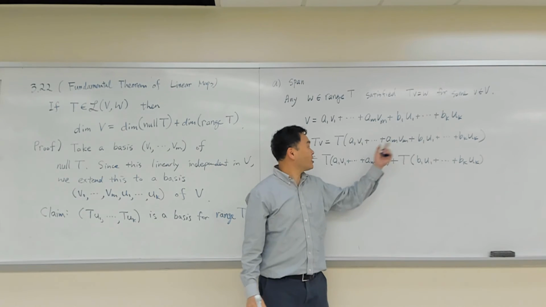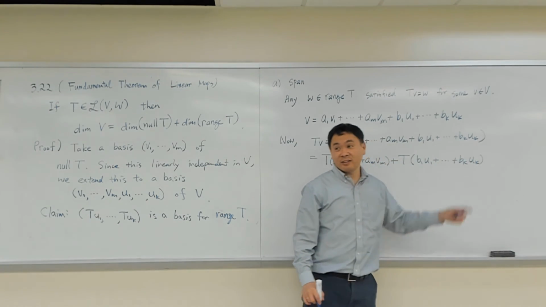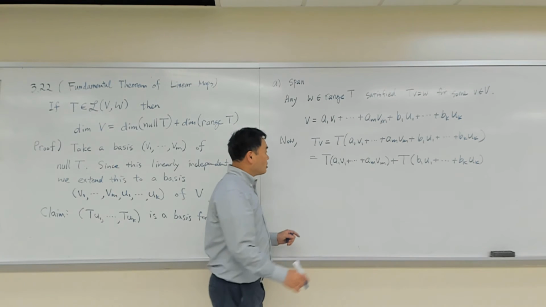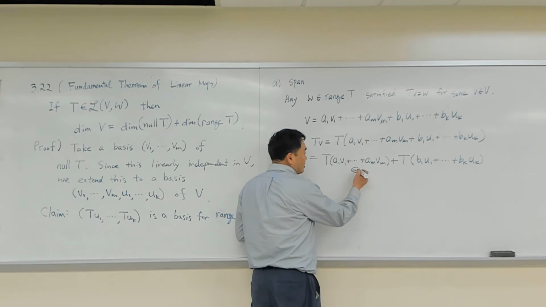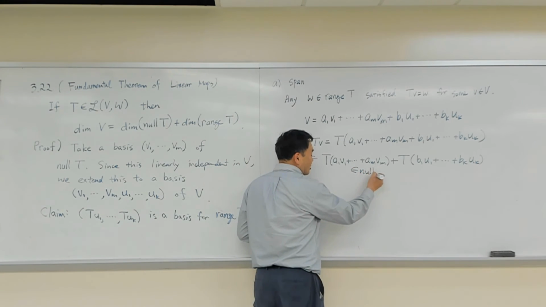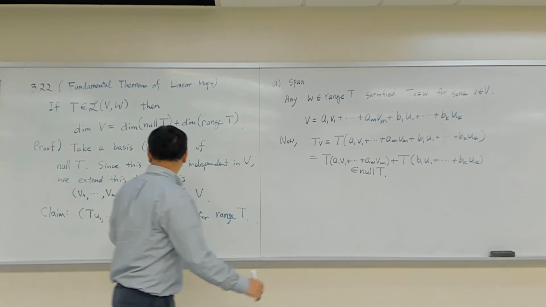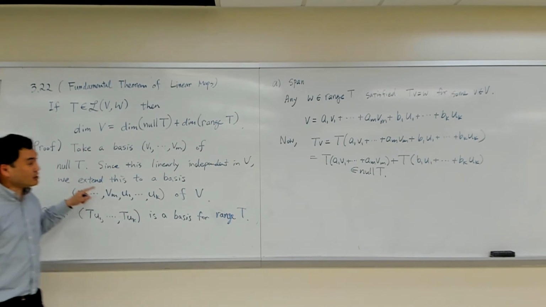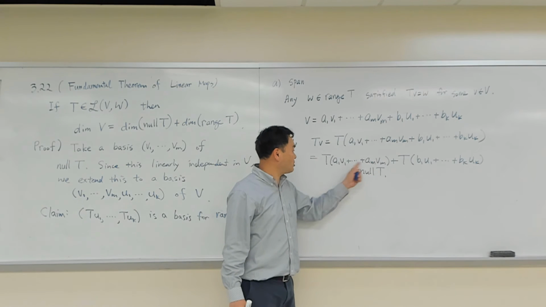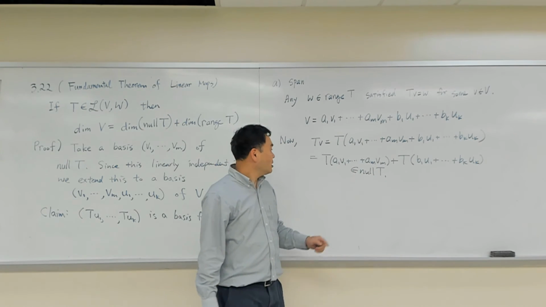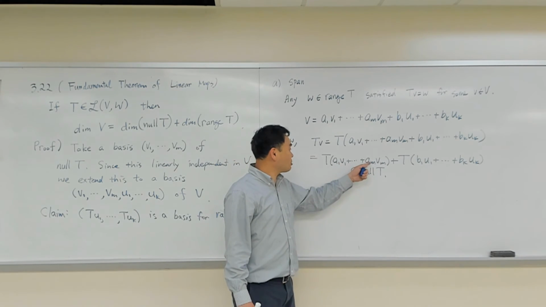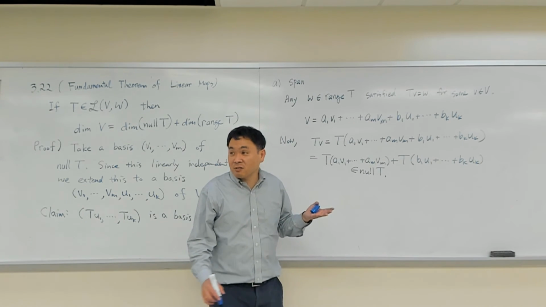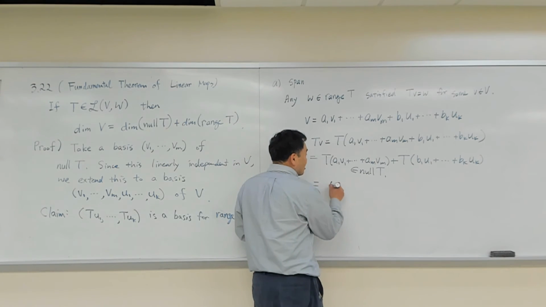If you think of this as this plus that, then being linear, you can split them out, right? But then this is in the null space of T, isn't that right? V1 through Vm is a basis of null T, so anything that's spanned by V1 through Vm is in the null space of T. If you take any element in the null space of T and apply T, what do you get? Zero. So this is going to be 0.